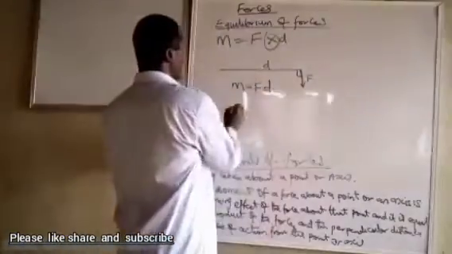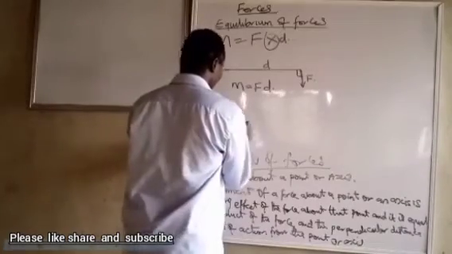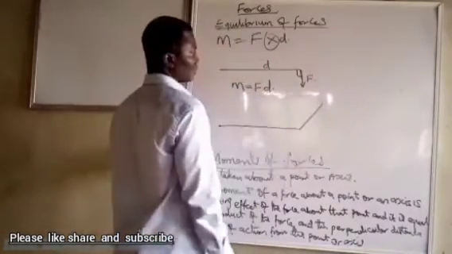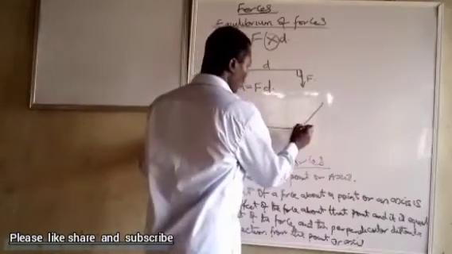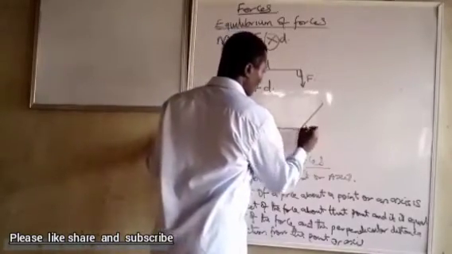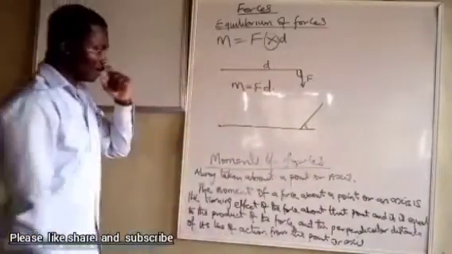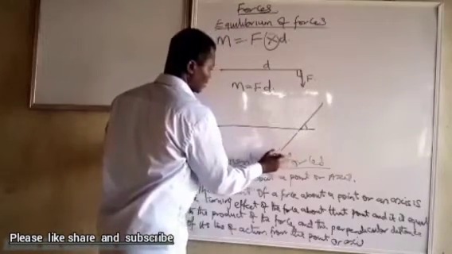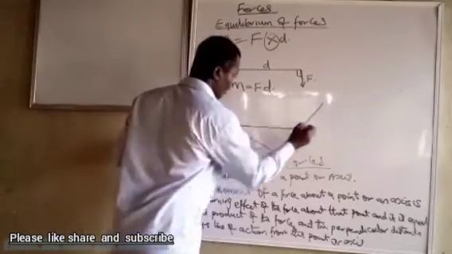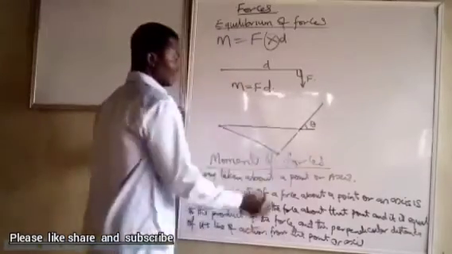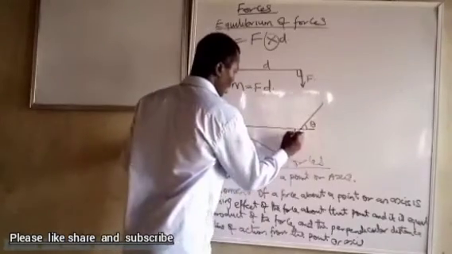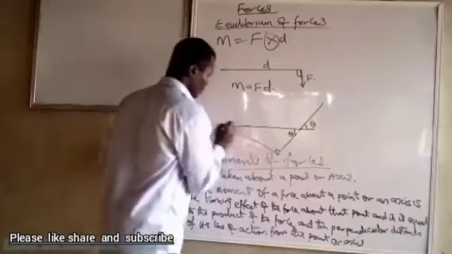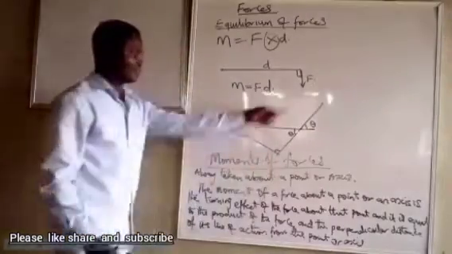Now let's see if we have something like this and we have F like this. What are we going to say the moment is? Let's call this angle theta. This place is the perpendicular distance P, and D is the distance.